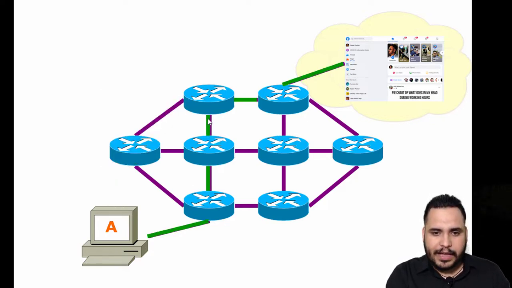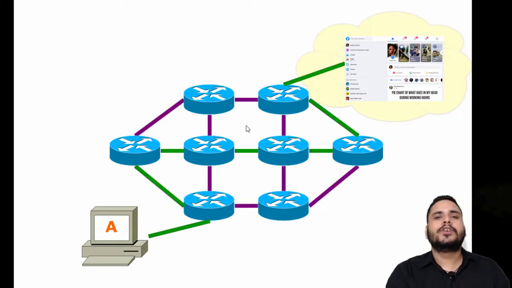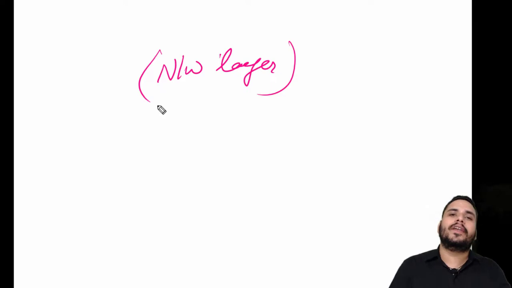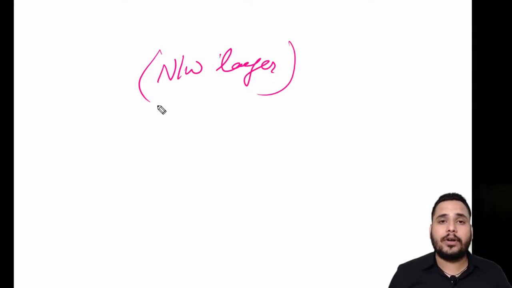It can be this path, it can be this path, or it can be this path. It can be any path, and the path is decided by routing protocols. So the network layer is basically used to define the path from one network to another network. This is all about the network layer.